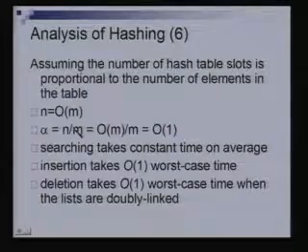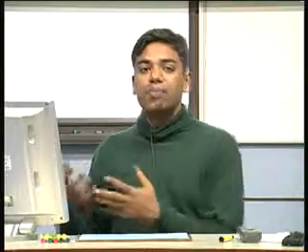Because in the linked list you can attach any number of elements that come, right? It's just that the performance of the hash table would deteriorate if you had 10,000 elements coming, because then each linked list would become of size 10 roughly, maybe more, maybe less, right? But on an average the linked list length would be 10, in which case it makes sense to maybe move to a larger hash table, right?